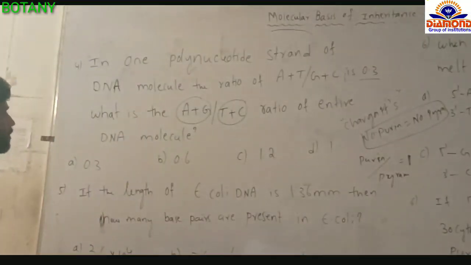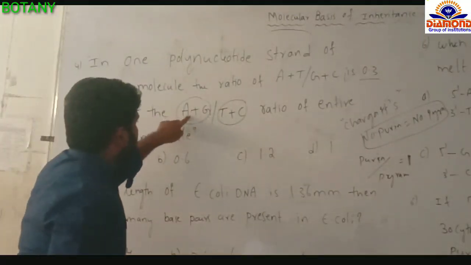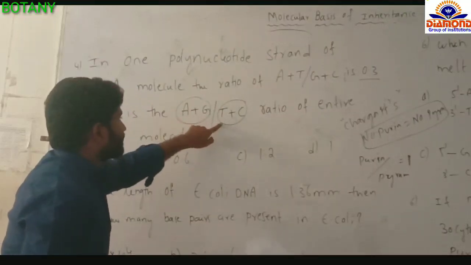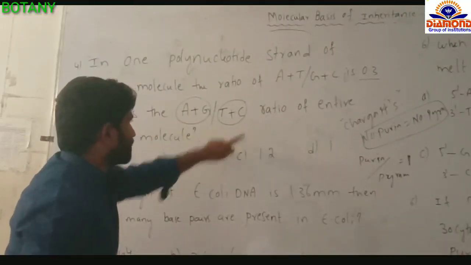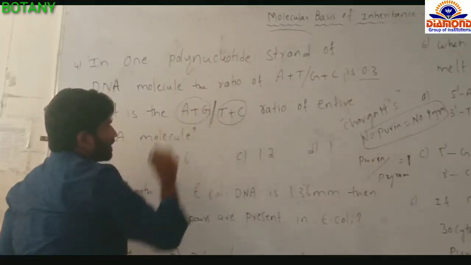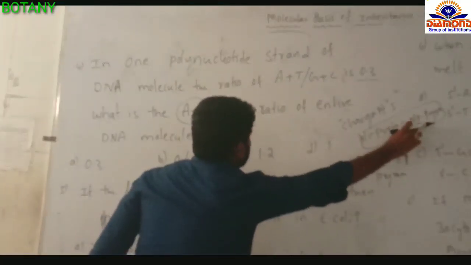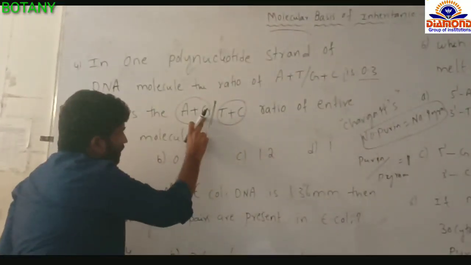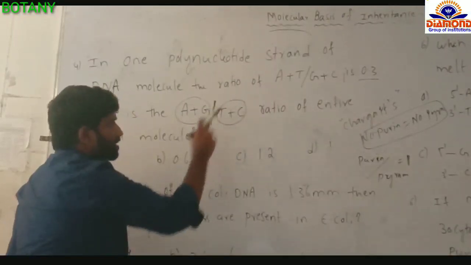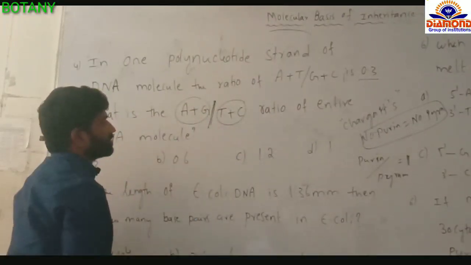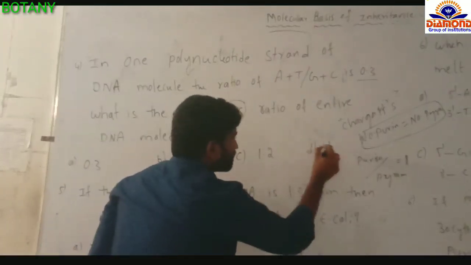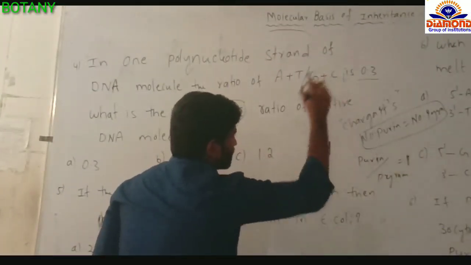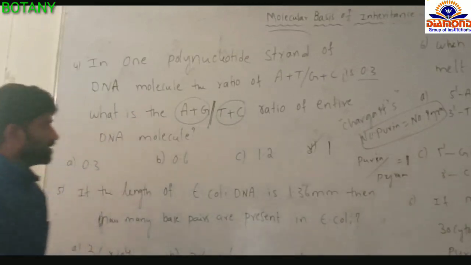According to this Chargaff rule, adenine and guanine are the purines, and thymine and cytosine are the pyrimidines. Purines by pyrimidines gives the value 1, a constant. So that's the reason the answer is D.